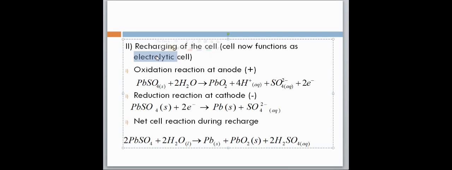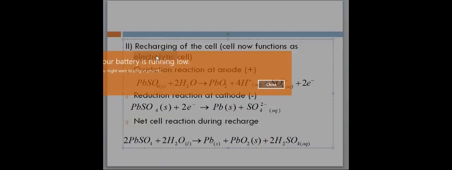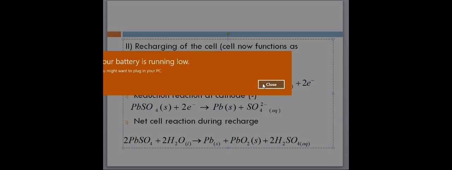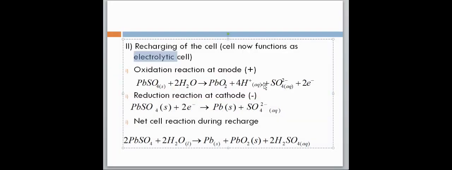That chemical energy is being stored in the phone, so that the moment I remove the charger, the stored chemical energy starts acting as a galvanic cell, and that galvanic cell converts chemical energy into electrical energy.